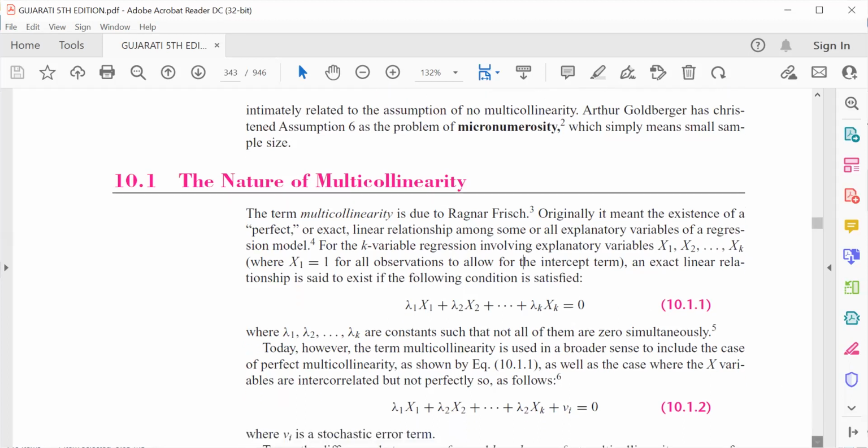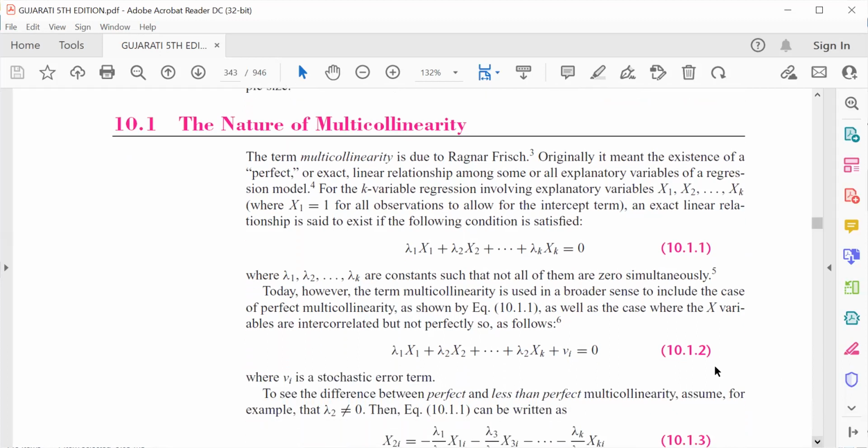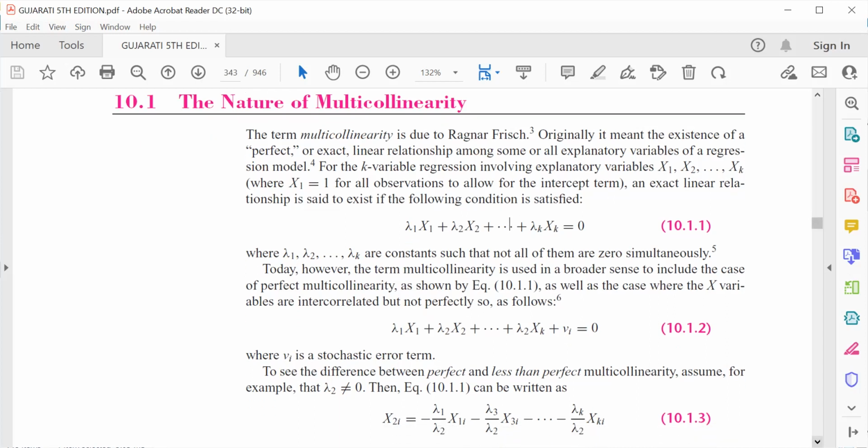In equation 10.1.1 there is no residual, compared to 10.1.2, which has this residual. 10.1.1 is a perfect multicollinearity, and 10.1.2 is imperfect multicollinearity.